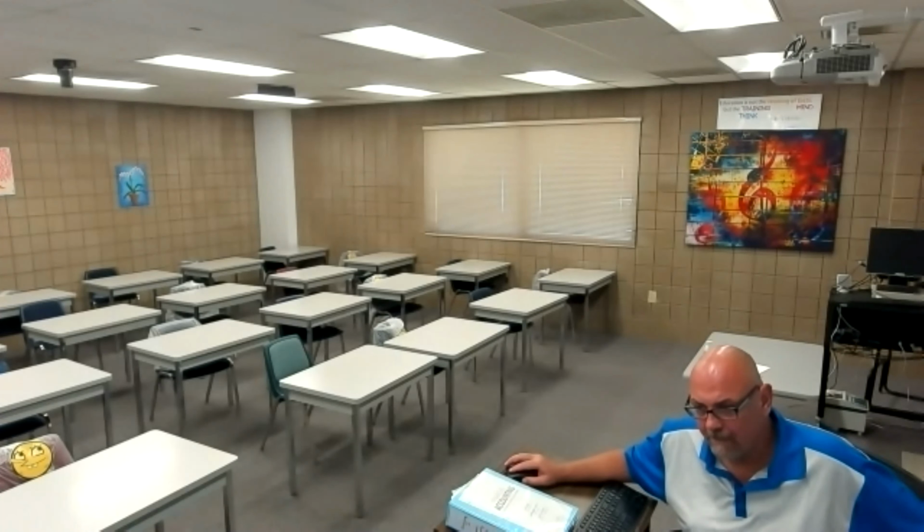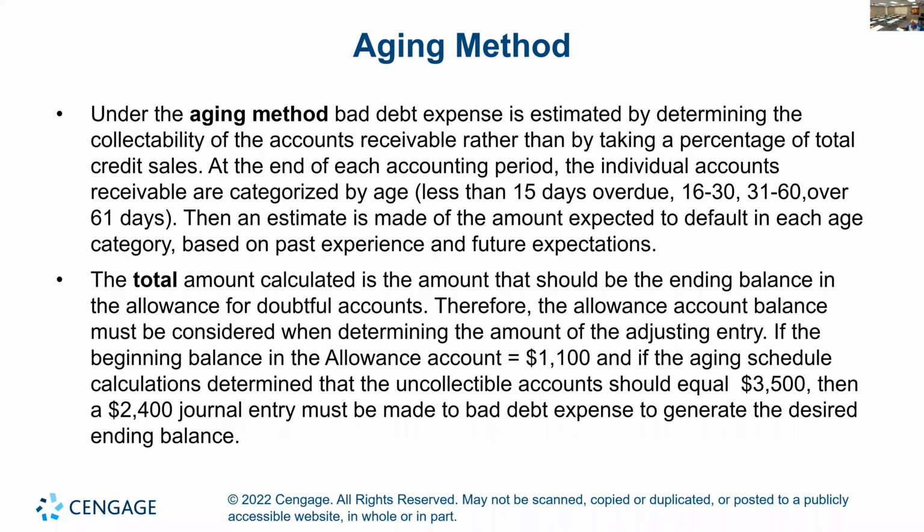Today, we are going to start with a different method. Instead of doing a percentage of sales method, another common way to estimate how much we are not going to collect from our customers is called the aging method. With the aging method, we're making a chart.